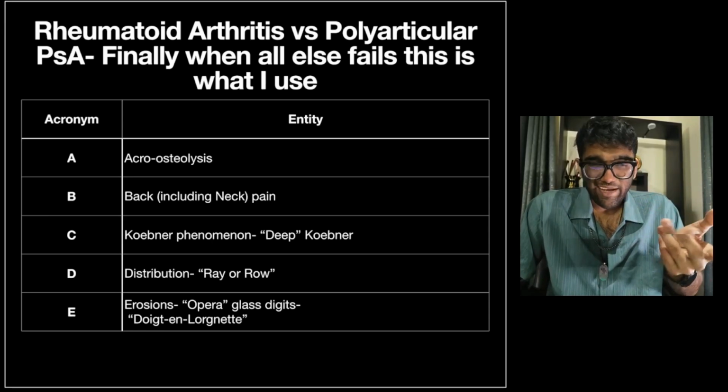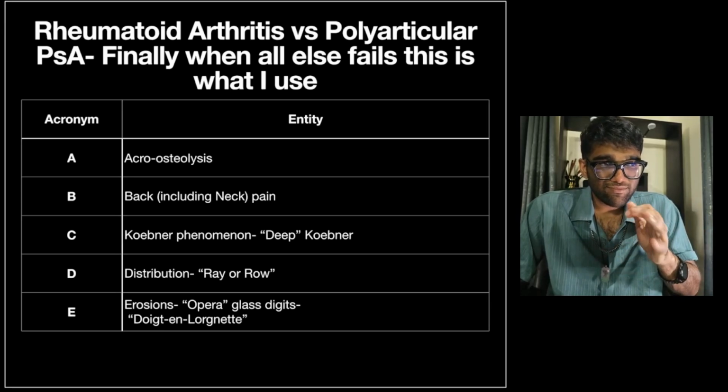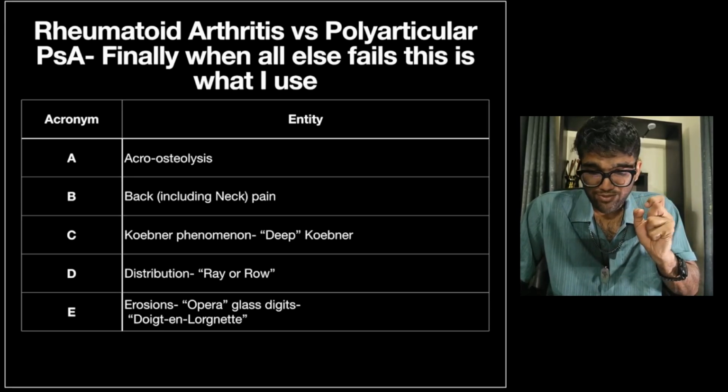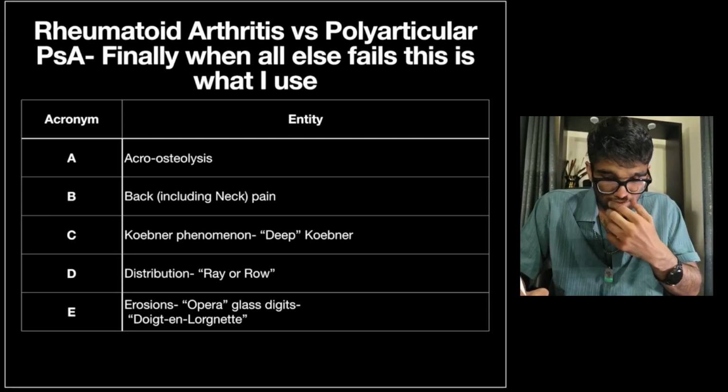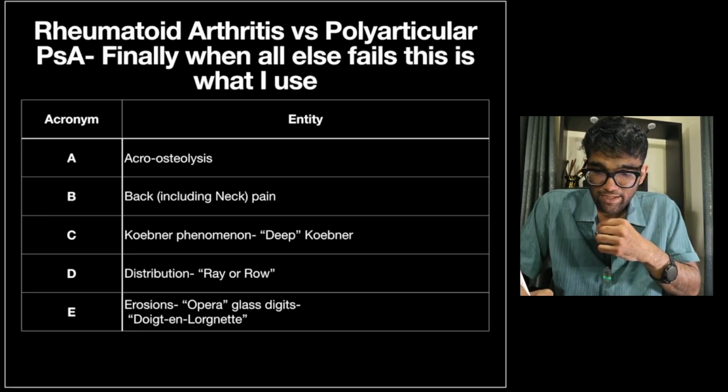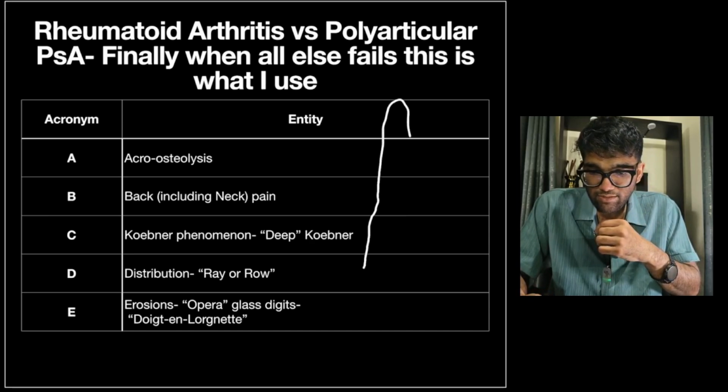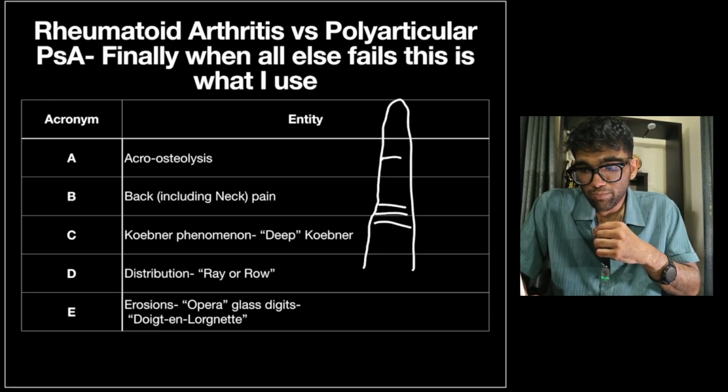Again, because of the factual nature of the MCQ exams that we write, at times you need to be aware of these terms, but that basically means an opera glass. So like an opera glass, this is the normal digit, this is your MCP joint, this is your proximal interphalangeal joint, and this is your DIP joint.